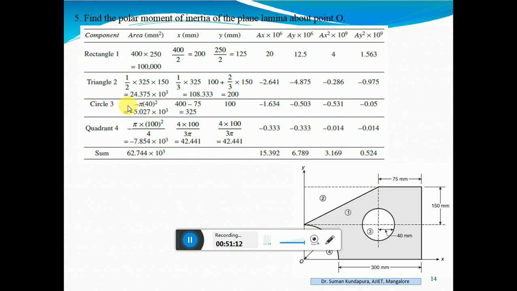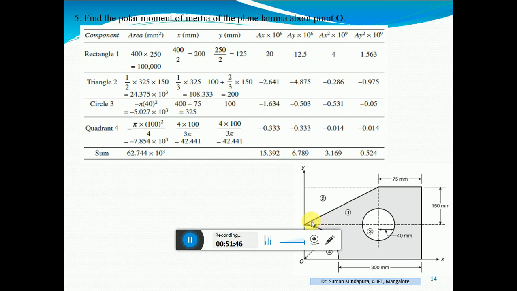For the circle, the radius is given as 40. What is this distance? It is 325, which we have already calculated. Since it is marked from this side also, it is the same point. For the circle, we know the centroid will lie at the center. The whole thing is 400 minus 75, as they have done over here.